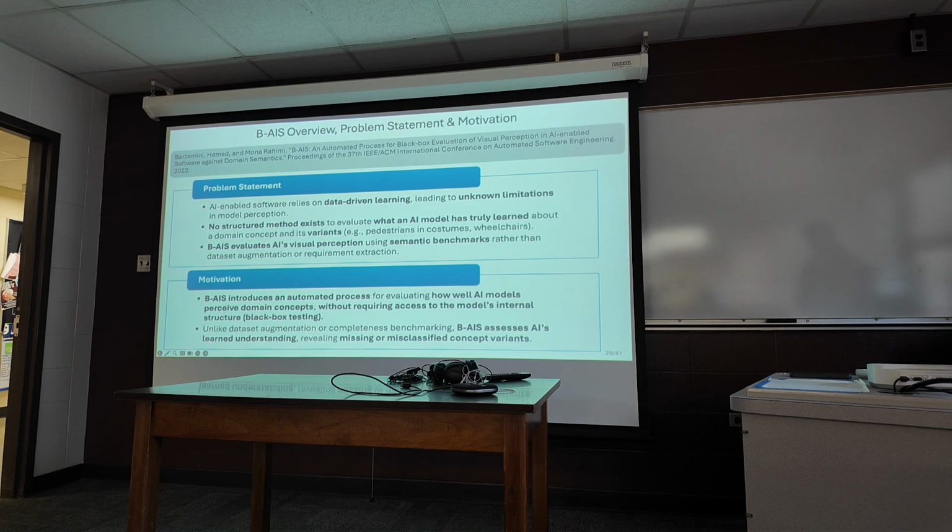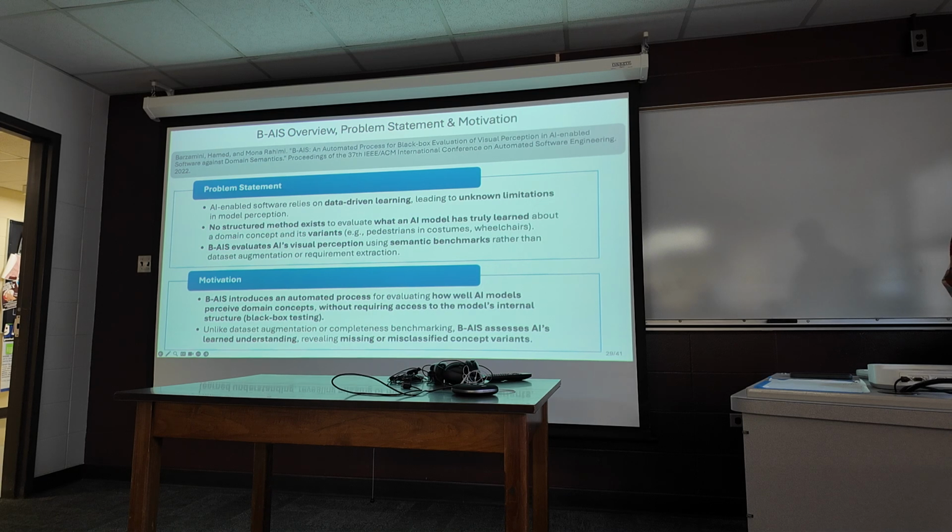Missing a concept like a pedestrian using a wheelchair can have real-world consequences. BIS addresses this by introducing a black-box evaluation process. It uses a semantic benchmark grounded in the domain requirements to test the model's perception accuracy.